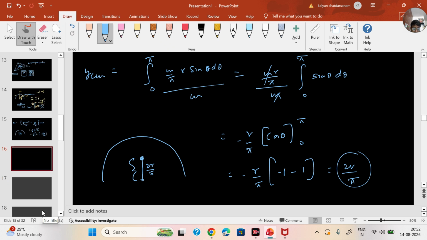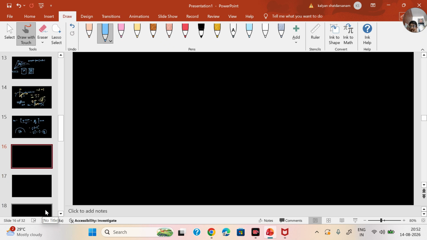Now, look at one interesting problem which I have now, which is a semicircular disc. So the bodies for which I am going to find center of mass with integration are semicircular wire, then semicircular disc.